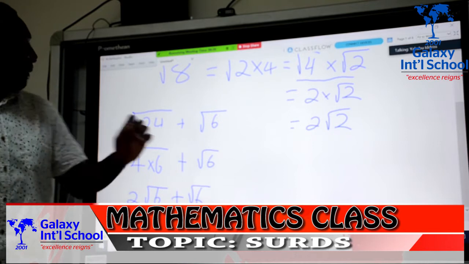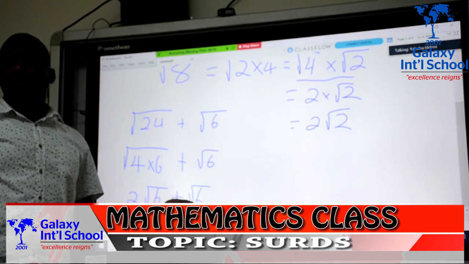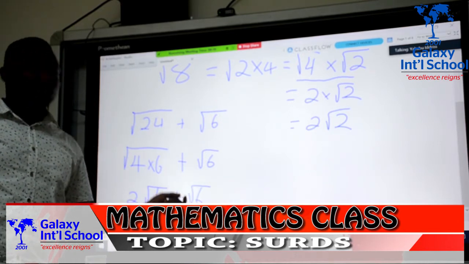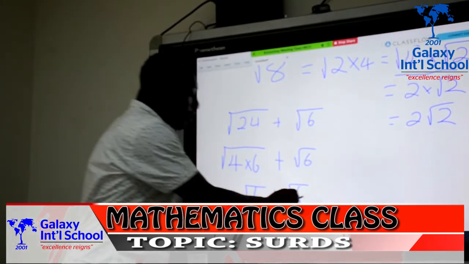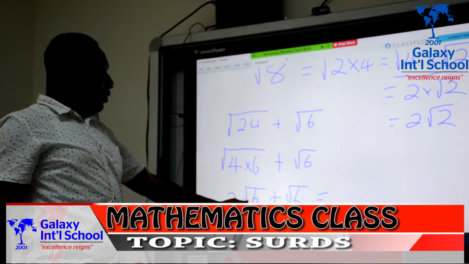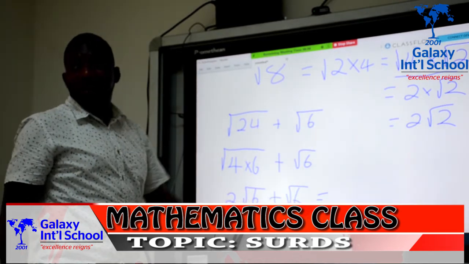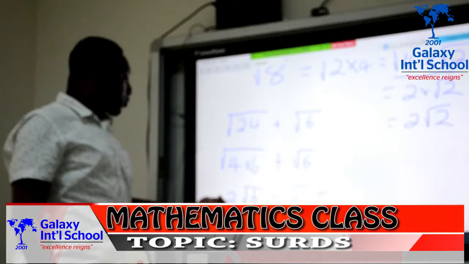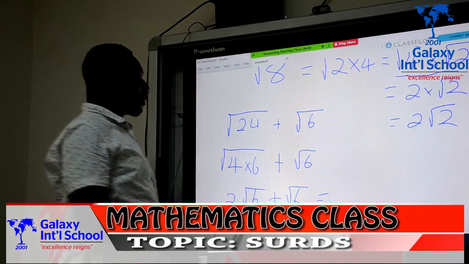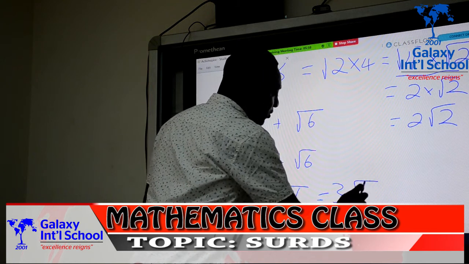Right now we are talking about addition or subtraction. So here, because we have the square root of 6 and the square root of 6, we can add them. We just add the numbers outside the square root. So 2 root 6 plus root 6 equals 3 root 6.